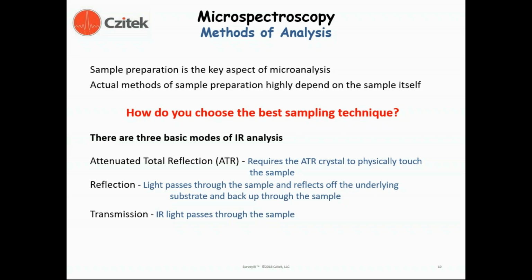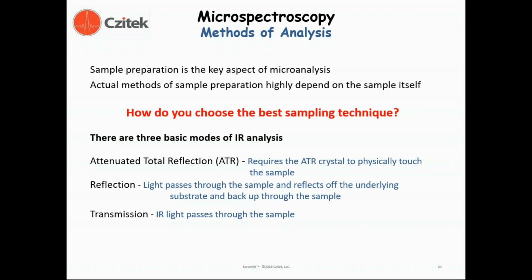And also, an advantage of attenuated total reflection is that the sample thickness is determined by the refractive index ratio of your sample to the ATR element.